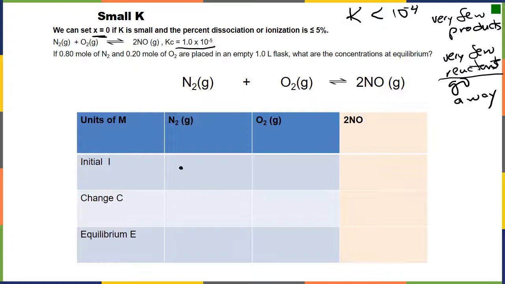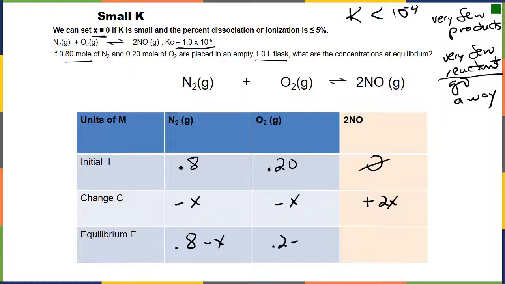We're going to start out with 0.8 molar of nitrogen, 0.8 moles in 1 liter, 0.2 molar of O2, and 0 of the NO. This is going to go down by x, go down by x, up by 2x, such that at equilibrium we have 0.8 minus x, 0.2 minus x, and 2x. Now note, we try to keep our math simple so we don't worry about our sig figs as we're doing these. We worry about our sig figs at the end.